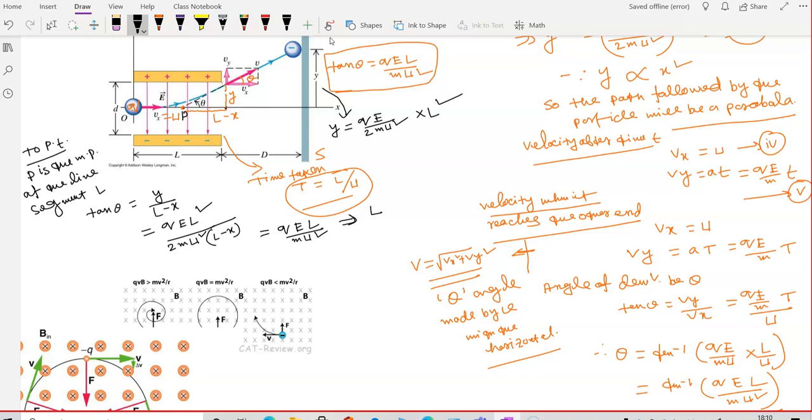So what is left is L by twice L minus x is equal to one, since QEL by m u square totally gets cancelled.